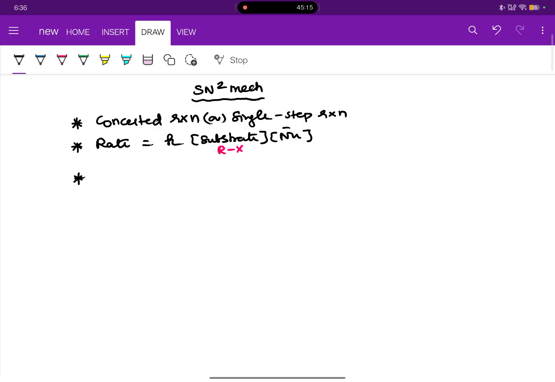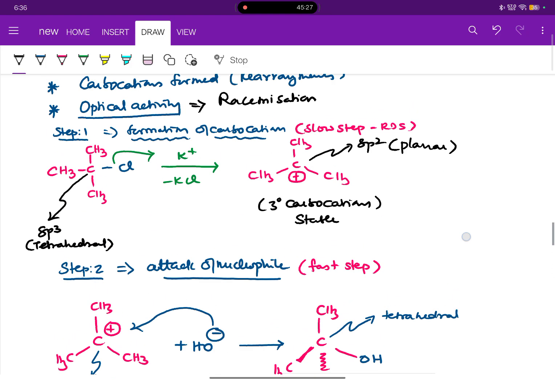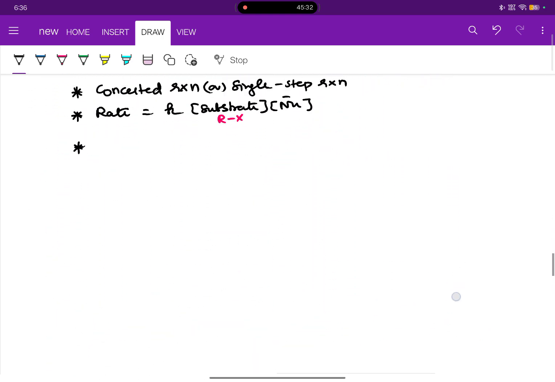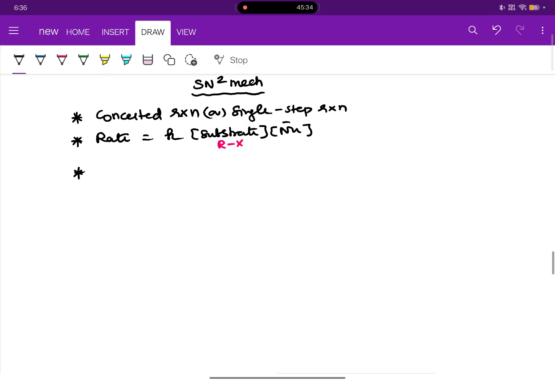What is the third point? First step is slow, rate determining step. Okay, fine. Here there is nothing like that, right? So for rate determining step we don't have any particular step. So third point: for SN1, 3-degree alkyl halides, so tertiary alkyl halides and secondary with a bulky beta crowding, I said.